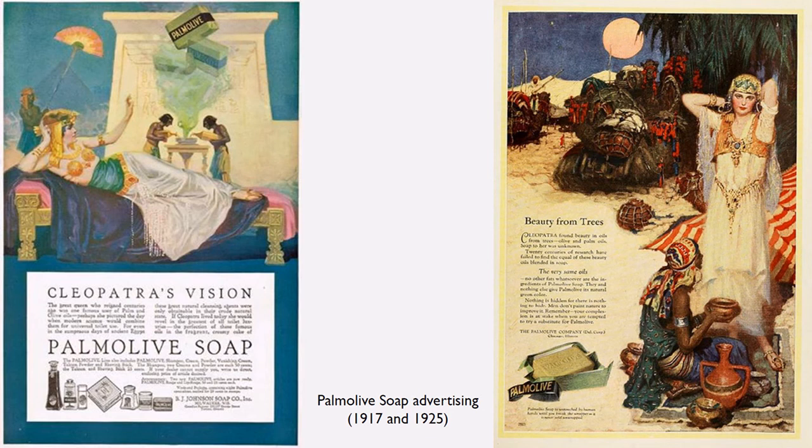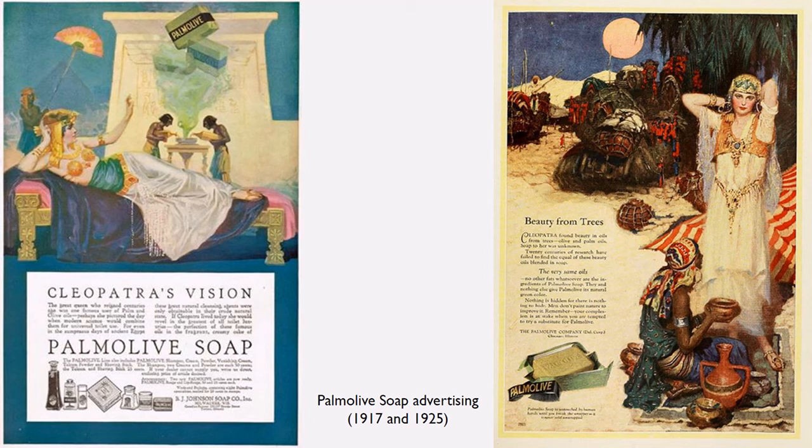And this finds its way from art into things like advertising. So here are some Palmolive soap adverts, and from around about 1900 all the way through to the 60s, Palmolive used Cleopatra in its advertising. In the early 20th century, the adverts were full-on colour pages like this, with Cleopatra, very much all these signifiers of Egypt, pylons and pyramids in the background, the costume and the slaves.